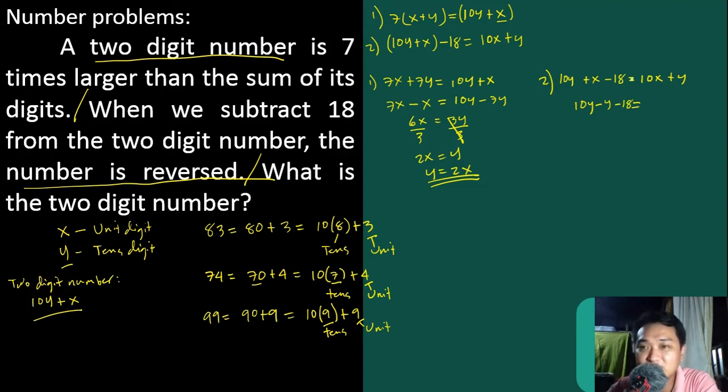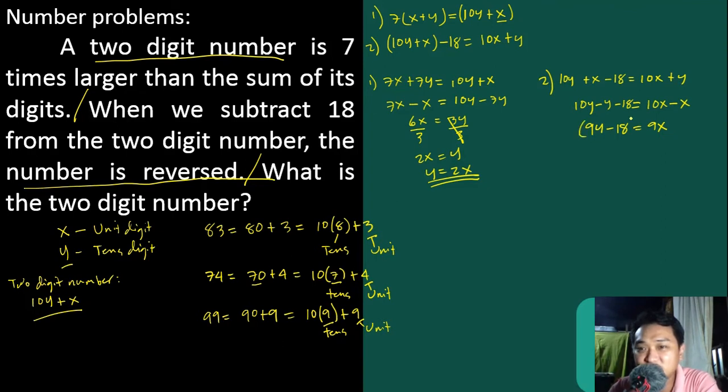Dito naman sa kabila, transpose natin si positive x, so magiging negative x siya, no? So, copy 10x minus x. Ganun. So, here, we have 10y minus y is 9y minus 18. 10x minus x is 9x.